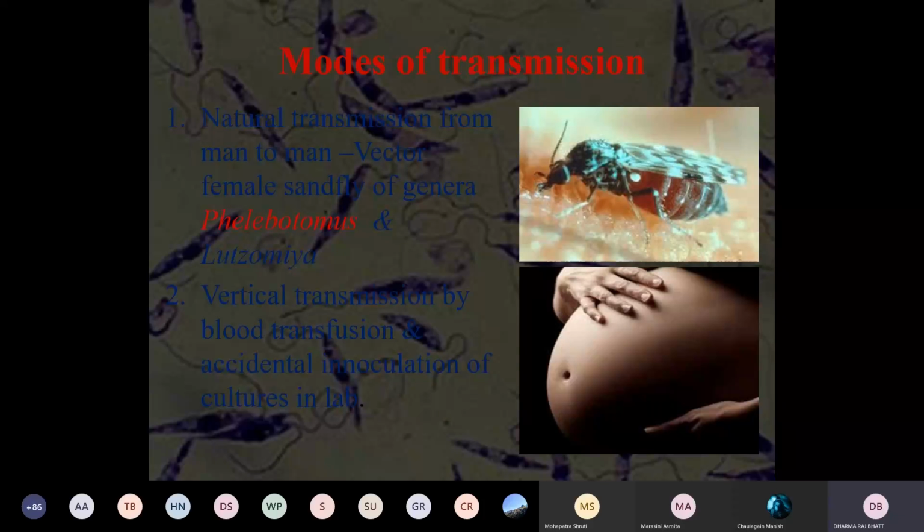Second, there may be non-vector-borne transmission also. This was vector-borne transmission. Non-vector-borne transmission sometimes occurs, especially during blood transfusion. If blood is transfused from an infected individual, then direct entry of the parasite occurs into the recipient.